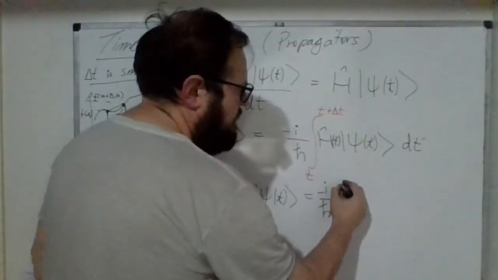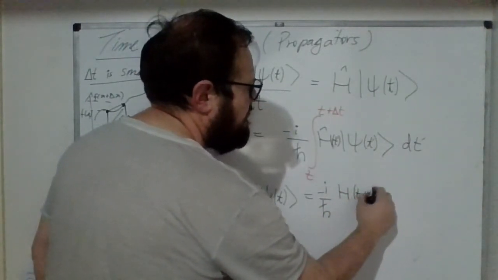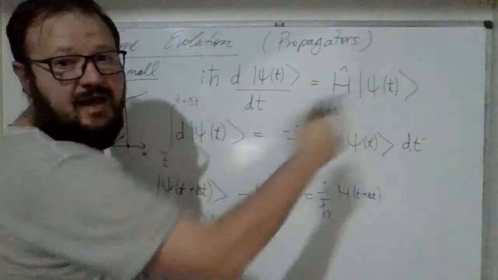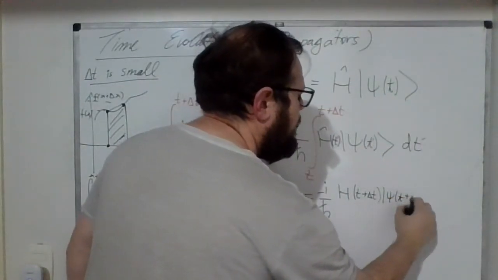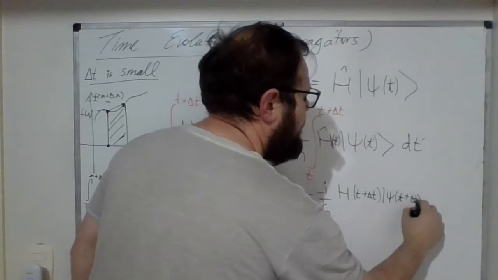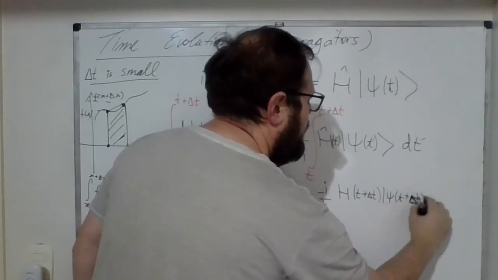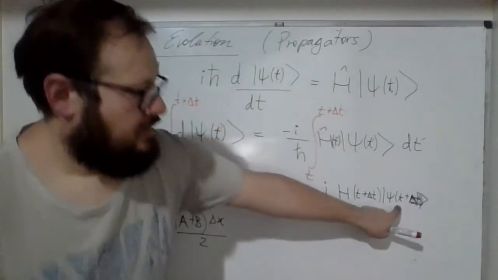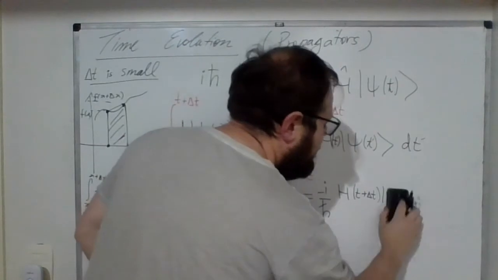we do that. We just plug in here the Hamiltonian calculated at some later time times the function evaluated at a later time, which as a matter of fact is what we are trying to calculate, right? We are trying to calculate this thing.